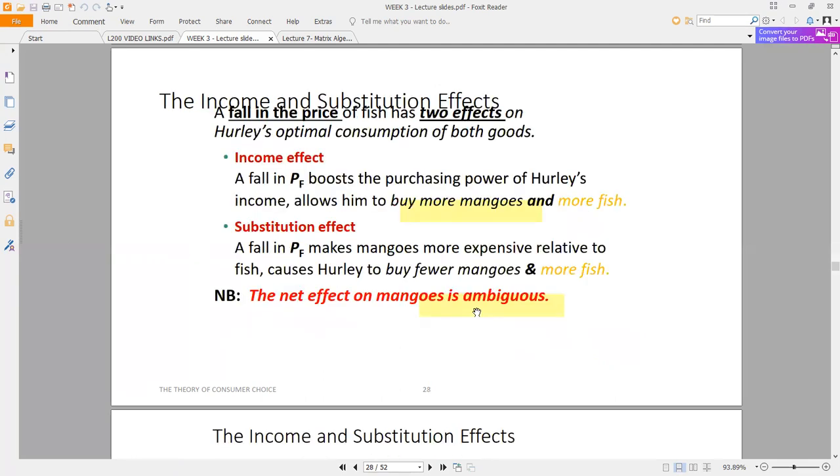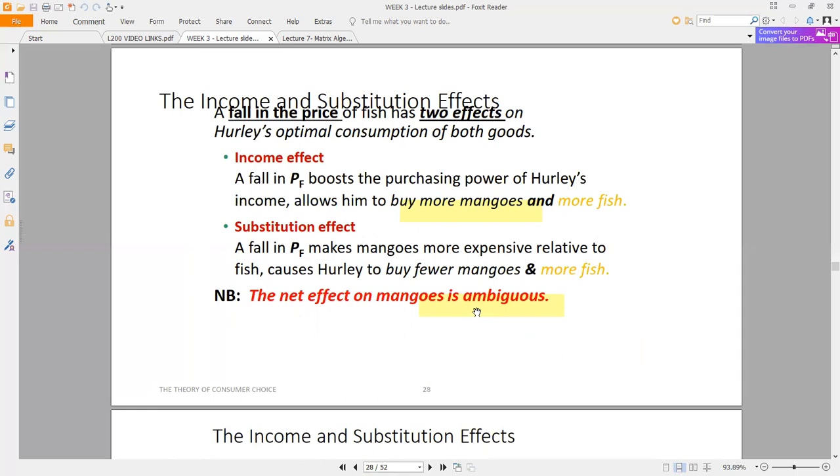Now, the change in quantity demanded for fish from 150 to 300 units is called the total effect after the fall in price. But this total effect can be decomposed into two effects.